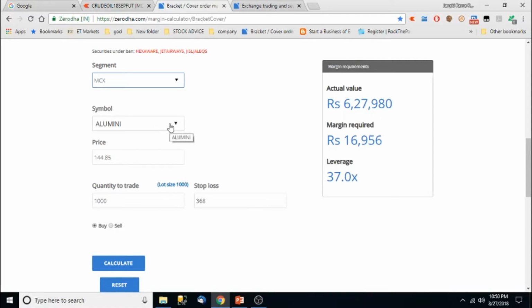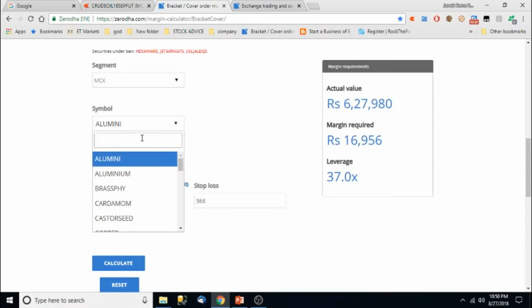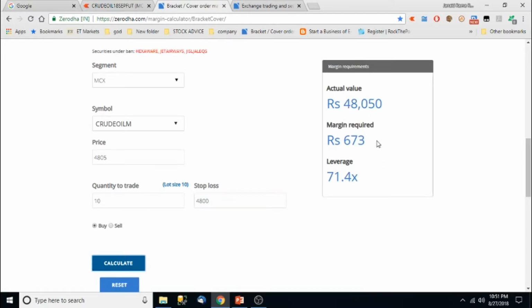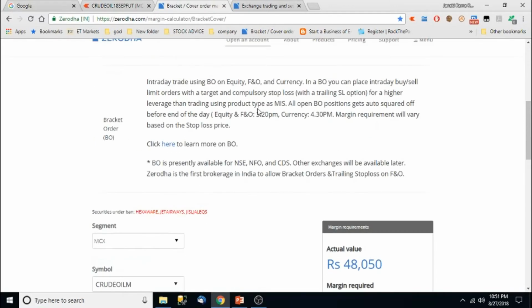When coming to the MCX, for the same crude oil mini we paid 2,800 some change. If we keep the stop loss at 4,800 and calculate, see, we paid 2,000 rupees for the crude oil mini in the direct margin trade.